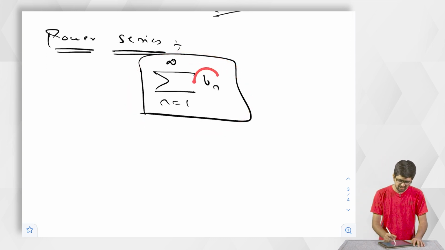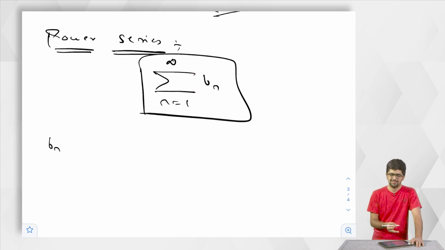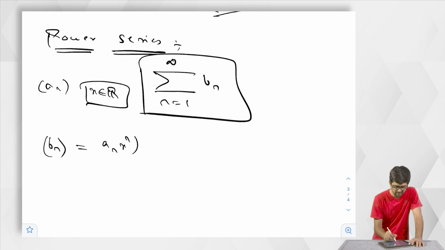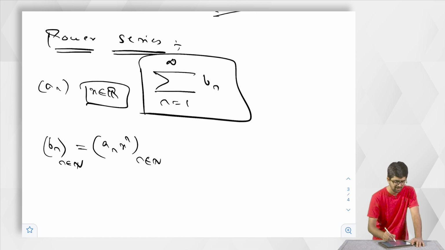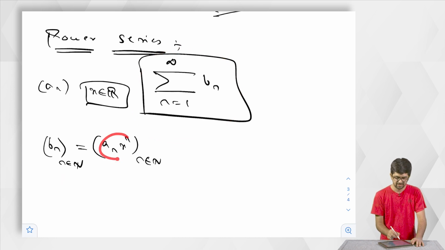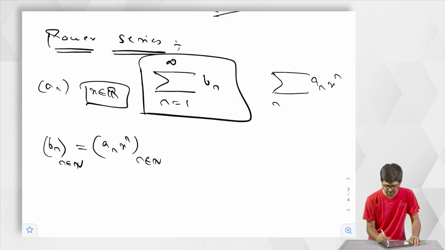Now suppose the elements of this are of the form, see, b_n can be one special kind of sequence. This b_n comes from another sequence a_n and a fixed element of R. So let me write down that b_n is equal to a_n x power n, n belongs to N. A series summation 1 to infinity of b_n, where b_n is of the form a_n x power n, is called a power series, or you can directly write this as a_n x power n, n equal to 1 to infinity.